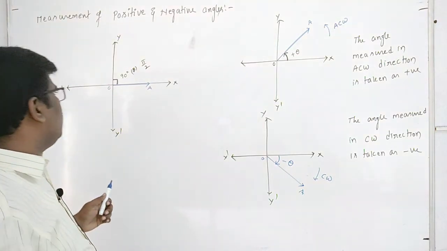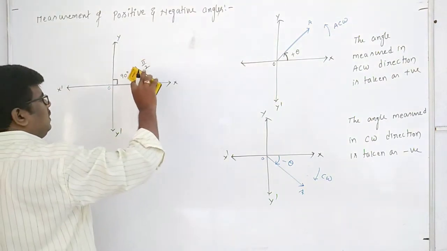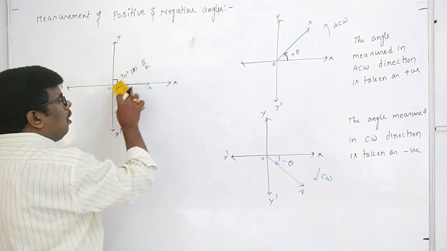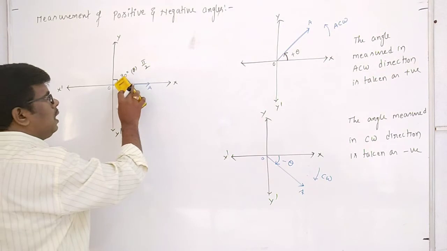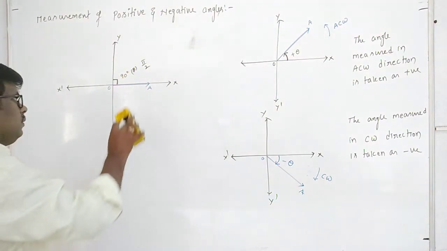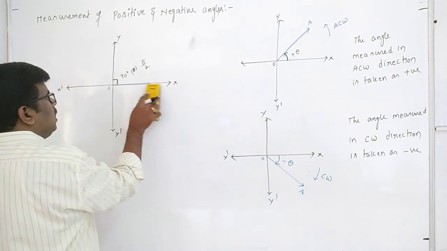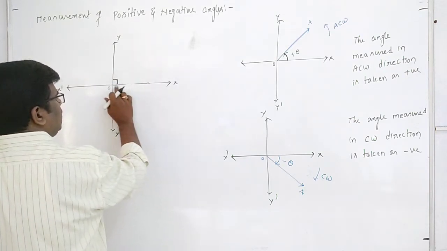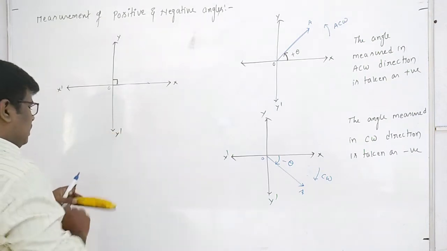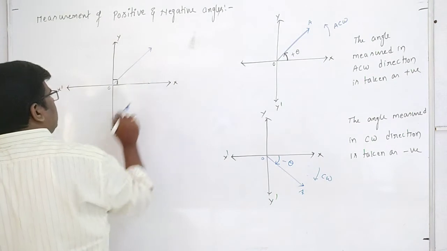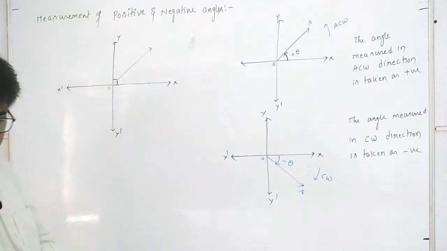Now if you bisect this angle, bisecting means exactly making it half. If you make it half, 90 becomes 45 and 45. If the ray is exactly like this, what do you say the angle is?